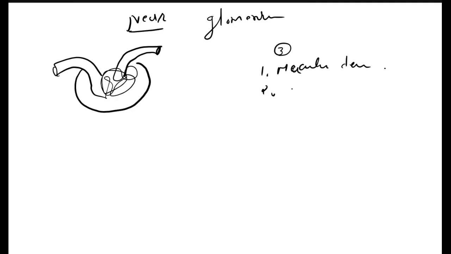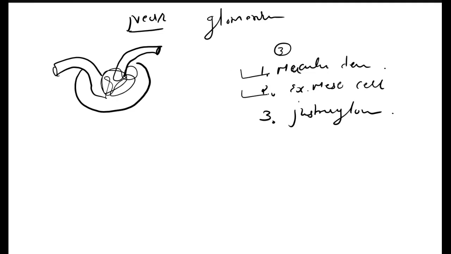Second one is the extraglomerular mesangial cell, and third one is the juxtaglomerular cell. So the juxtaglomerular apparatus situated near the glomerular area contains three structures: macula densa, extraglomerular mesangial cell and juxtaglomerular cell.